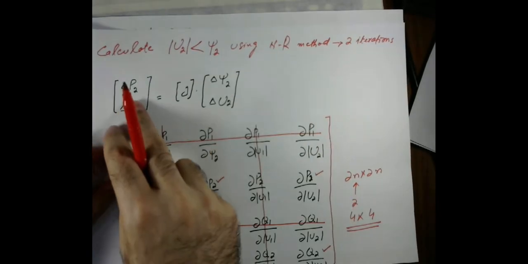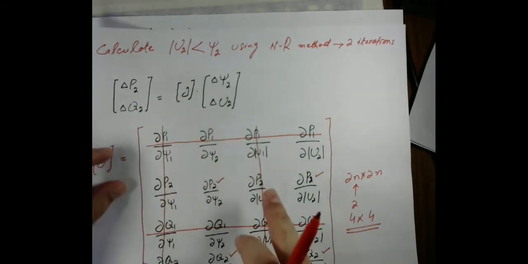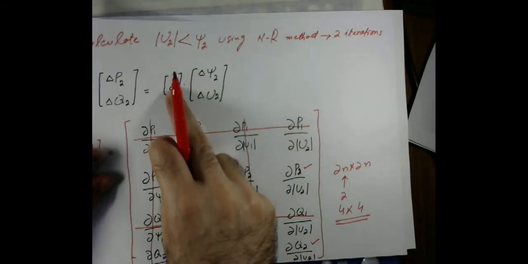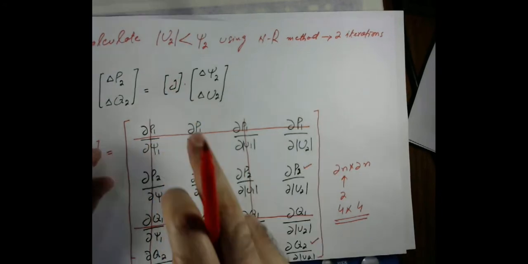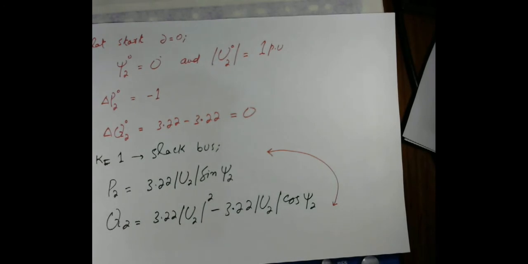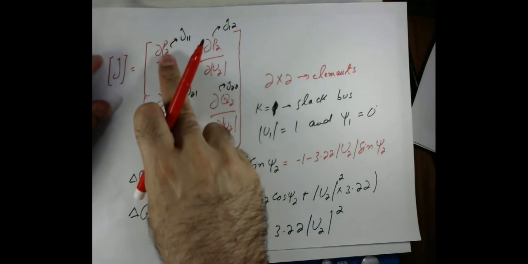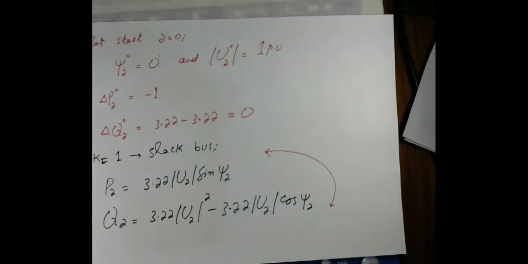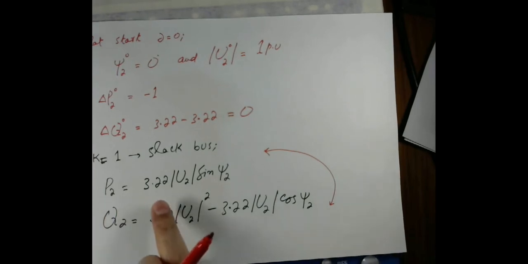we have determined the power mismatch. Now we will find the entries of the Jacobian matrix. As we know, the first entry of the Jacobian matrix is equal to the derivative of the active power with respect to psi 2, and the active power is equal to 3.22 U2 sine psi 2.